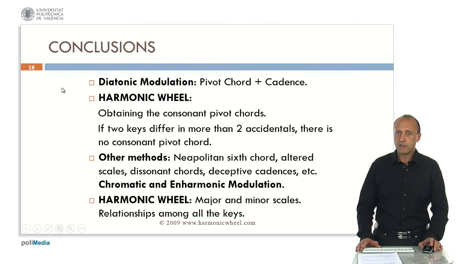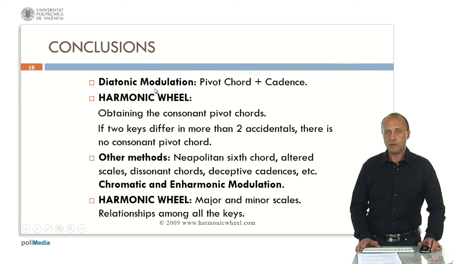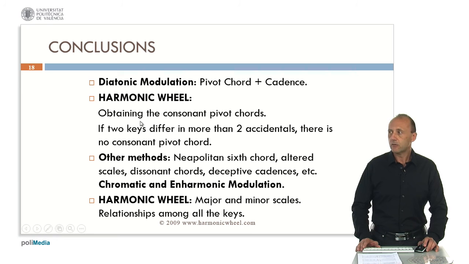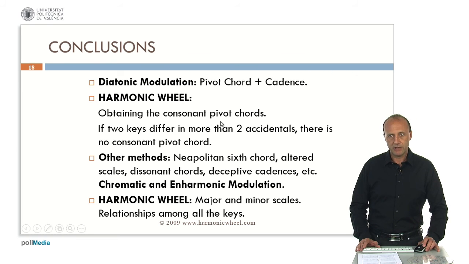As conclusions, I explained the diatonic modulation, which consists in using a pivot chord, which is a chord common to the 2 keys, the initial key and the final key, and then including a cadence. With the harmonic wheel, we can obtain in a direct way all the consonant pivot chords, that is, chords belonging to both keys.